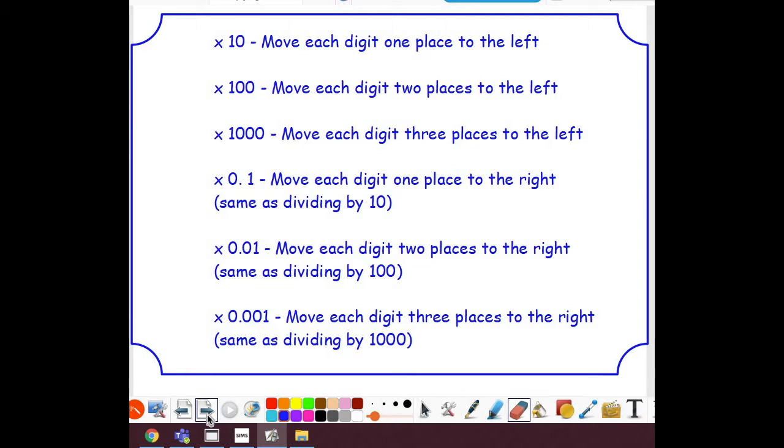So you're moving each digit 2 places to the right. And multiplying by 0.001 is the same as dividing by 1000. So in this case, you'd move each digit 3 places to the right. Or if you were looking at the decimal point, that would be going to the left. But remember, it's the numbers that always move.